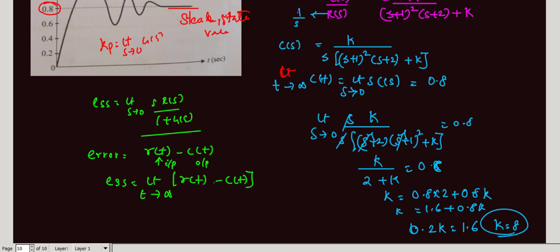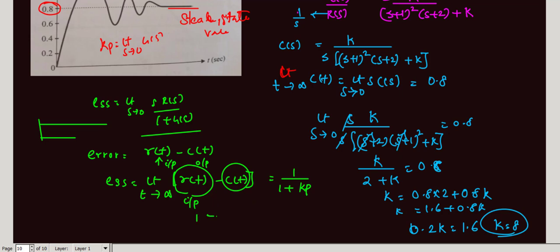For a type 0 system, the steady state error is 1 by 1 plus Kp. Here r of t is the input and c of t is the output. As t tends to infinity, the input, a unit step function, is 1.